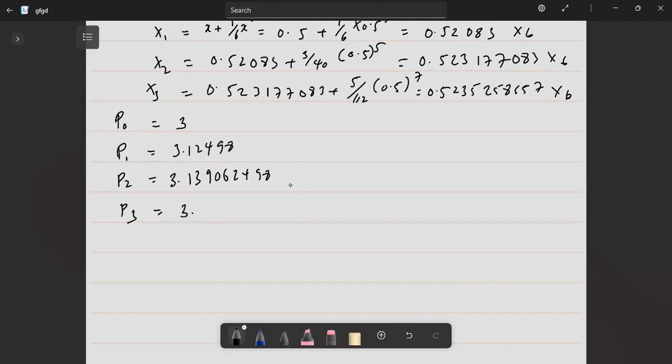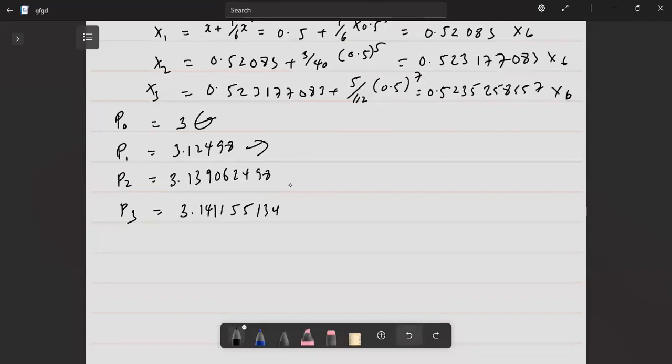So you notice that we are improving the value of pi for each iteration. So this is the value of pi, about 3, but we have 3.12, or about 3.139, and this 3.14. Something close to pi.